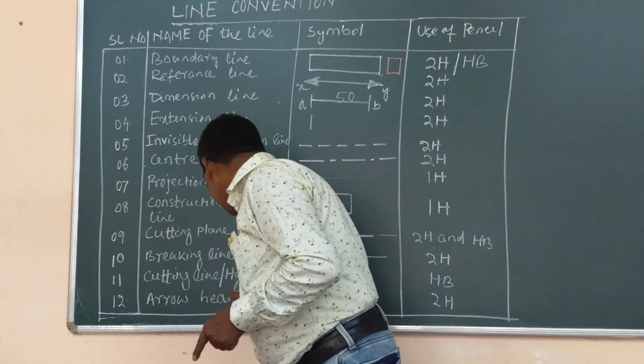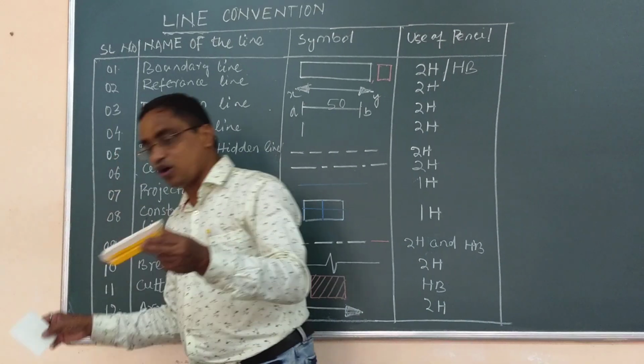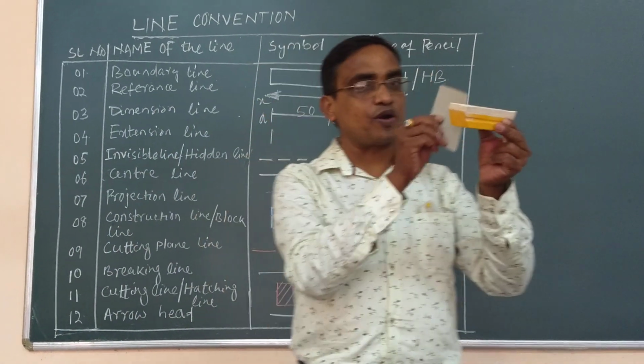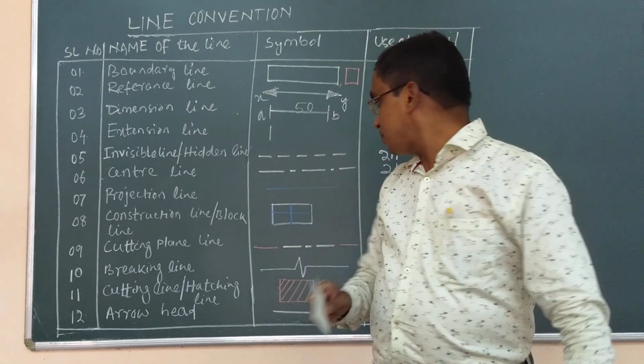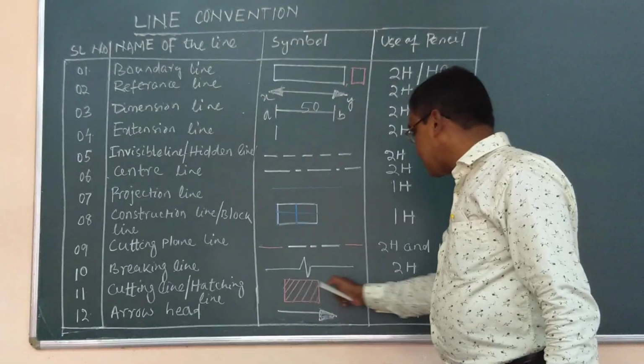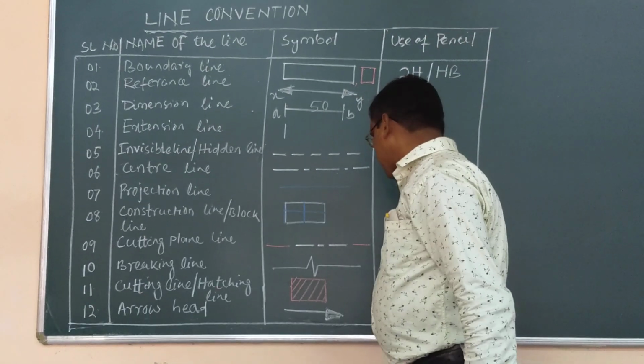Cutting line or hedging line. Suppose this is the saw and I want to cut it. After cutting, I mark the cutting marks on my workpiece. For that, use your HB pencil. And the arrowhead with the help of a 2H pencil.